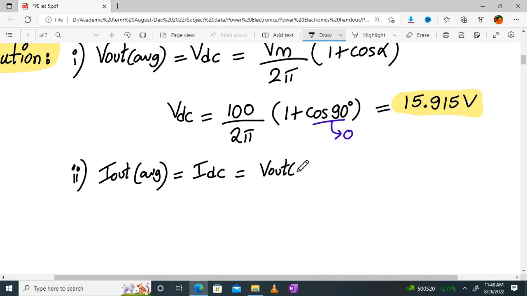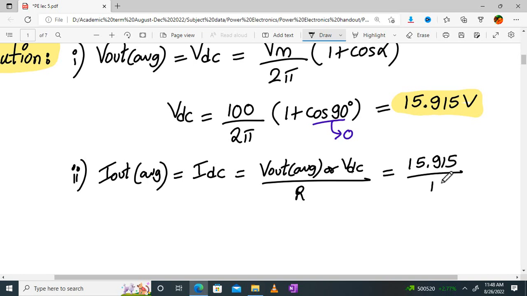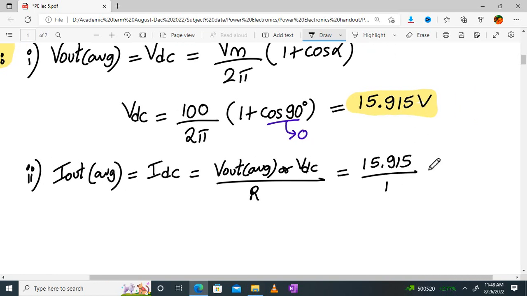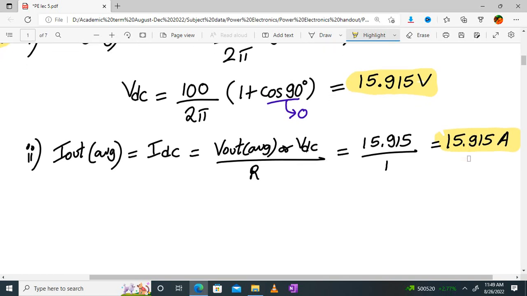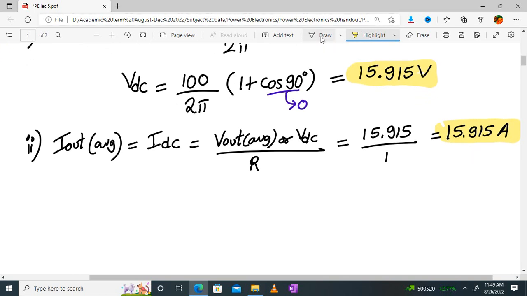V out average, or VDC, upon R. So that will be 15.915 divided by R, which is 1. So 15.915 amperes is the current IDC. Going along, can I proceed, right?